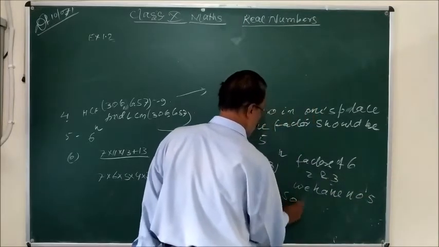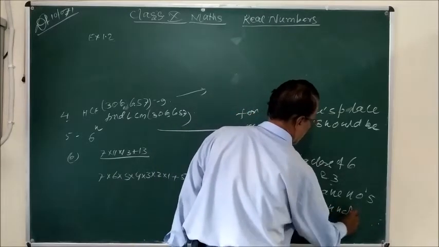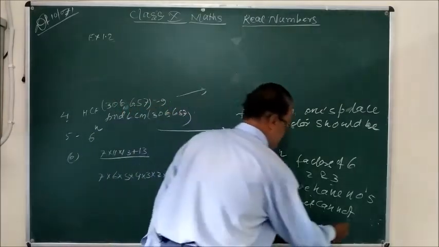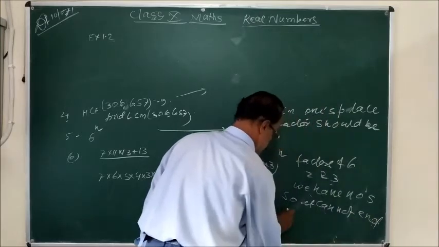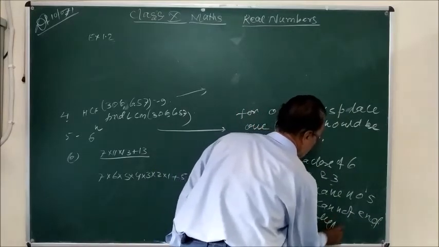And so it cannot end with the digit 0. This is the technique in this type of question. It cannot end with the digit 0. So this is question number 5.